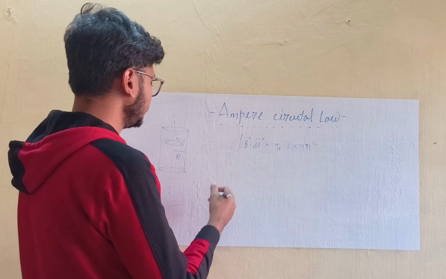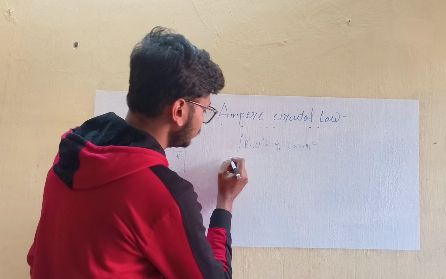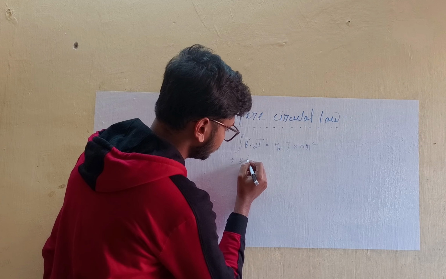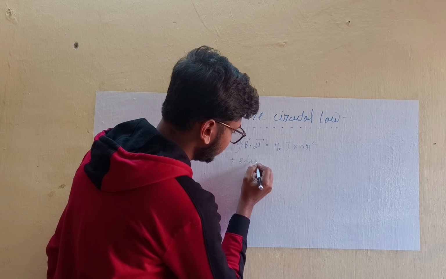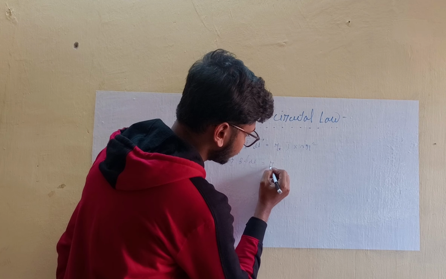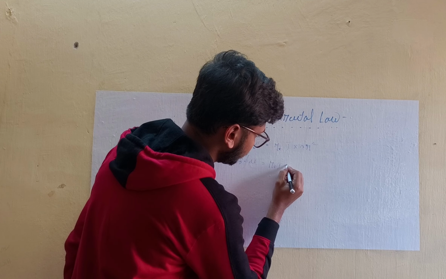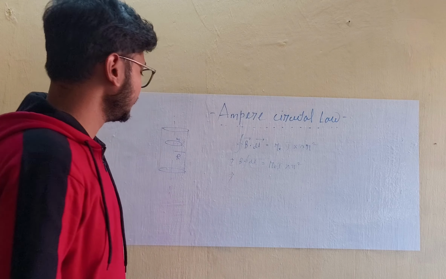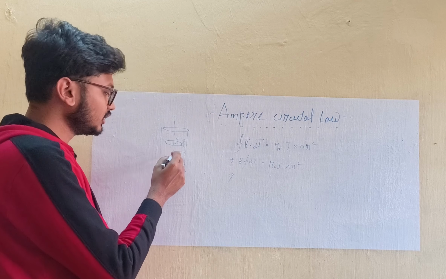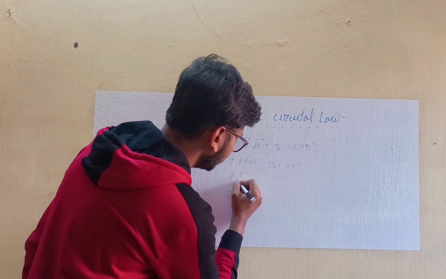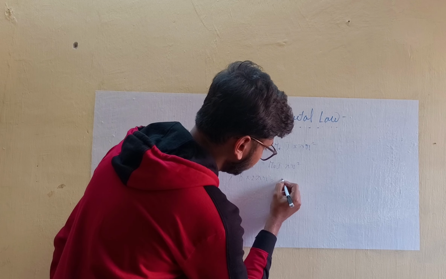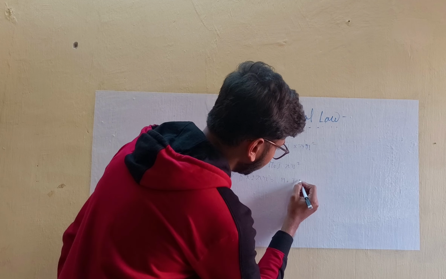Now again B is constant around the closed loop, so we will take B out, and we get B times the closed integral of dl equals mu 0 J pi r square. Now the closed integral of dl equals the perimeter of that loop, so we get B into 2 pi r equals mu 0 J pi r square.